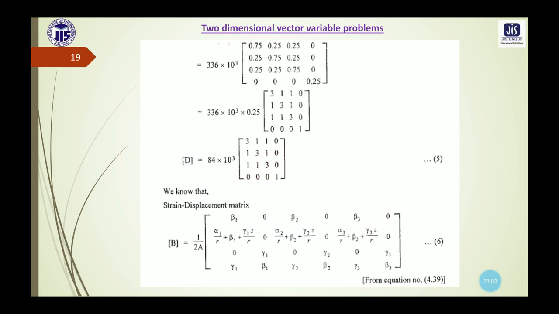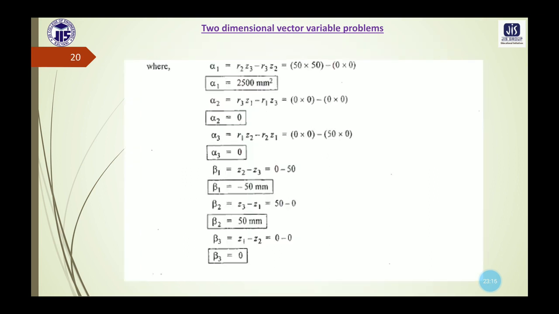Next we need to calculate the strain displacement matrix. The formula for it is represented here as equation number 6. That means we need to calculate alpha 1, alpha 2, alpha 3, then beta 1, beta 2, beta 3 and gamma 1, gamma 2, gamma 3 for this B matrix.